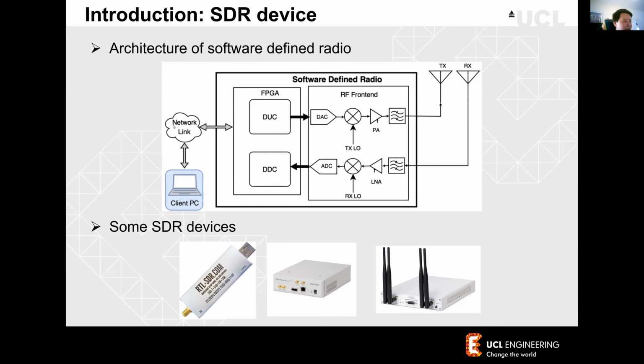Then you need a network link to transfer all the data captured by the SDR device to the client computer, which is the computing unit. And here are some examples of SDR devices. You can have a single channel, or 2 channels, and there are also some 4 channel USRP devices here.